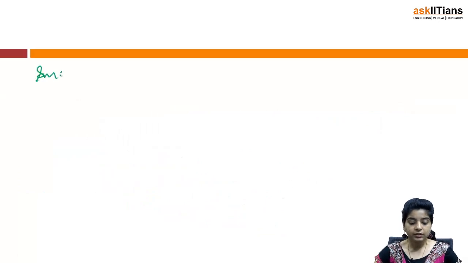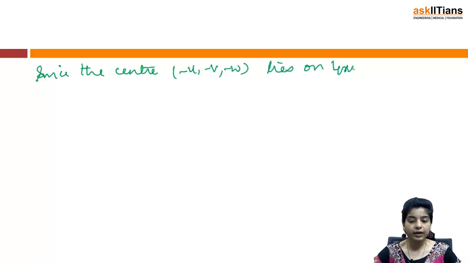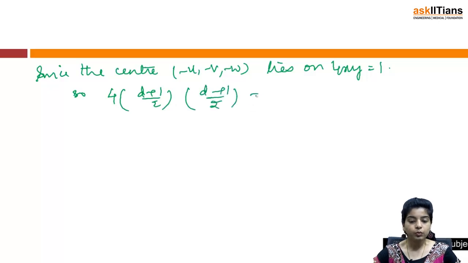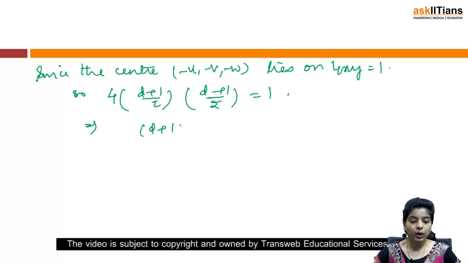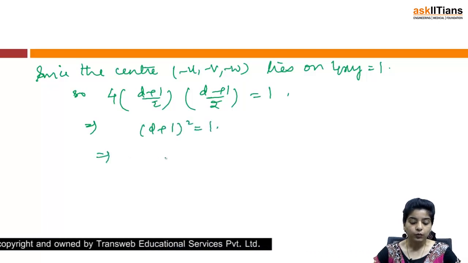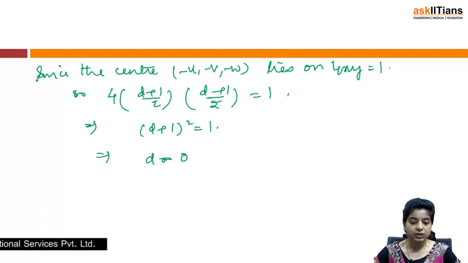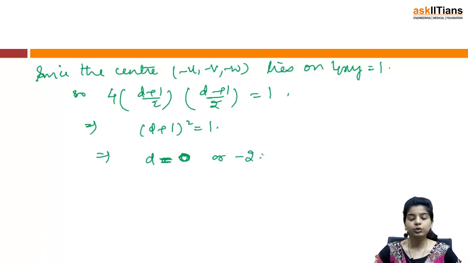Moreover, since the center, that is (-u, -v, -w), lies on 4xy = 1, so 4 × (d + 1)/2 × (d + 1)/2 = 1, which implies (d + 1)² = 1, which means d is either 0 or -2.